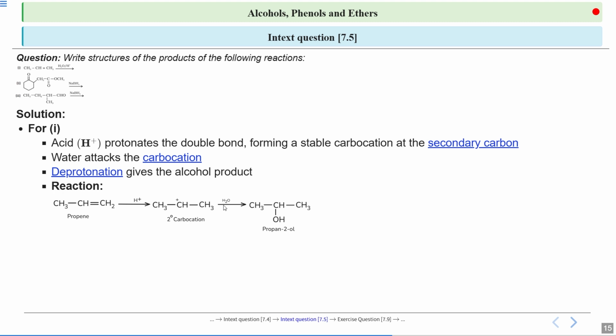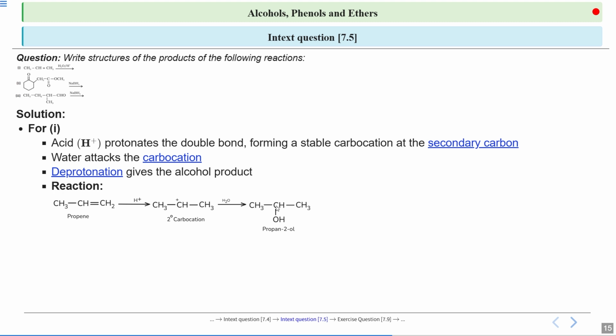When water attacks again, you get a neutral alcohol. So this is propane 2-ol. If the water group gets attached over here, the oxygen gets a positive charge over here. So when water attacks, you will get a neutral alcohol. That is, your deprotonation will give your alcohol product.